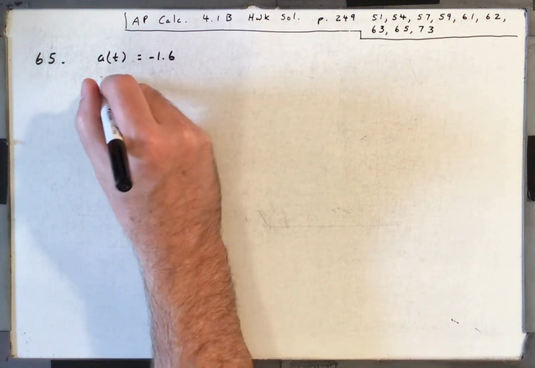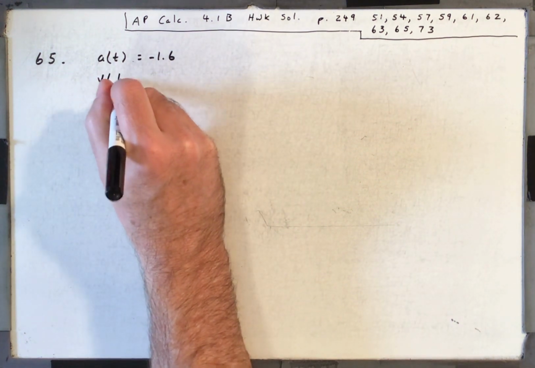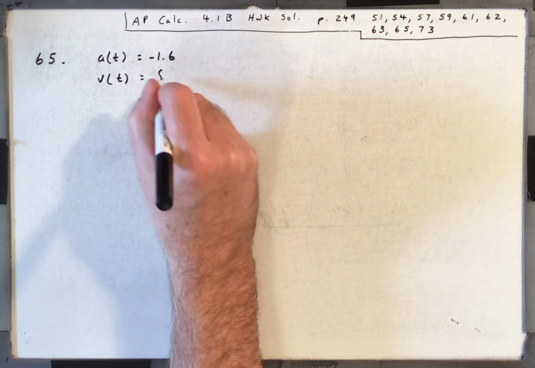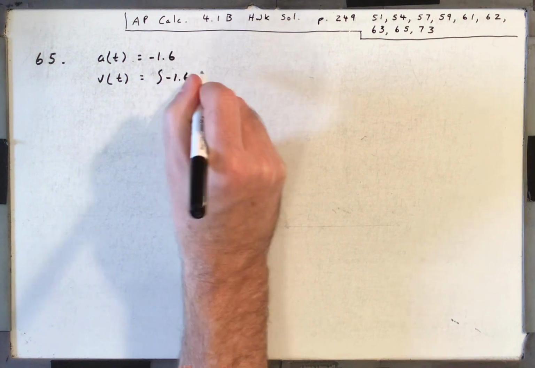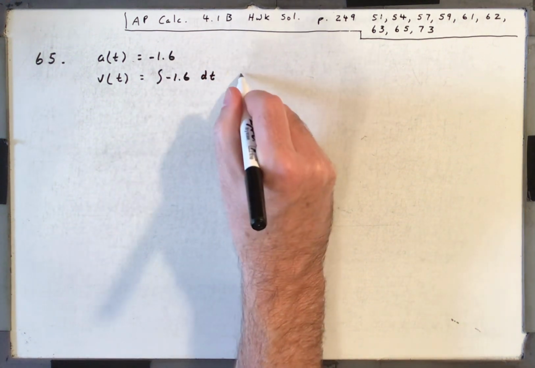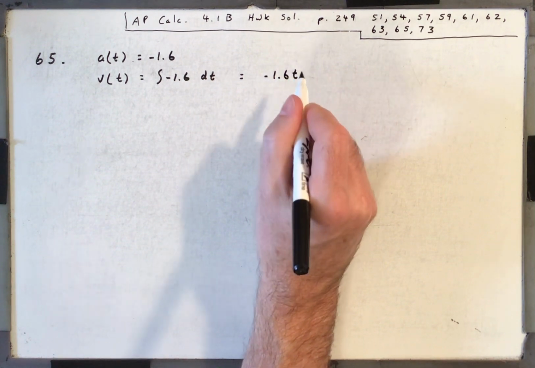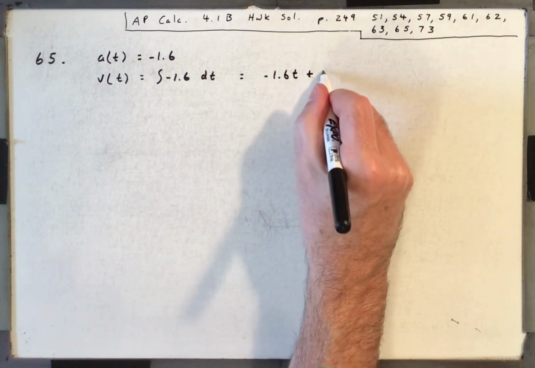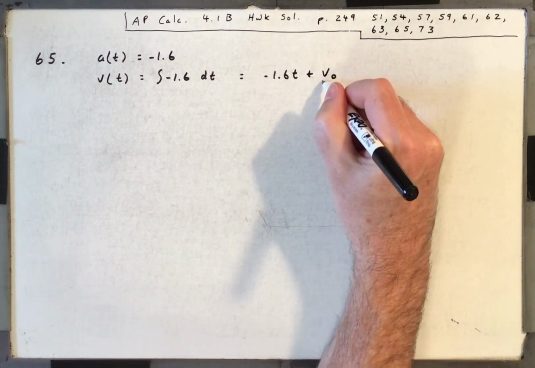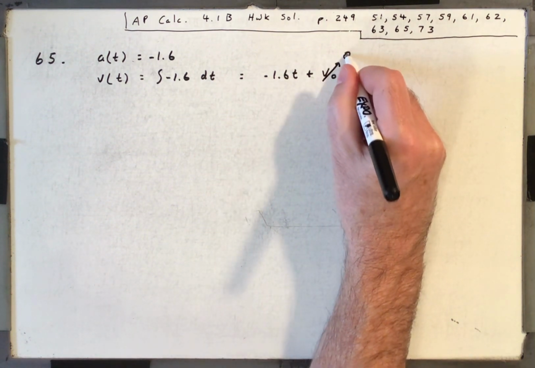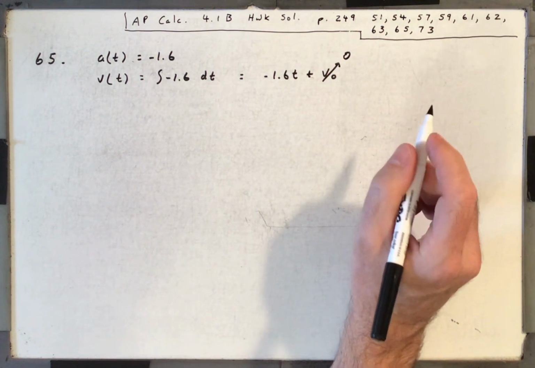So we're going to go through the same process here. V of t, we're going to integrate minus 1.6 dt. And that's going to be minus 1.6 t plus our initial velocity. But it says we're just dropping it from a cliff. We're not throwing it down. So that's 0.